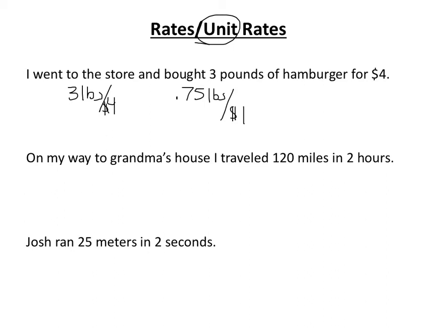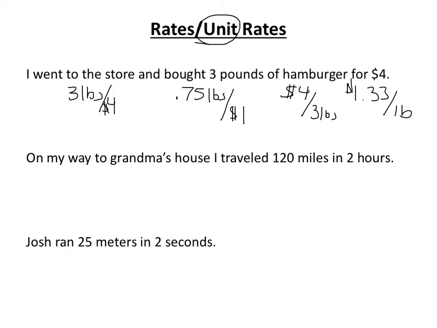But more often what you do is the price per pound. So we could also look at this as $4 for 3 pounds, in which case it would be $1.33 per pound.